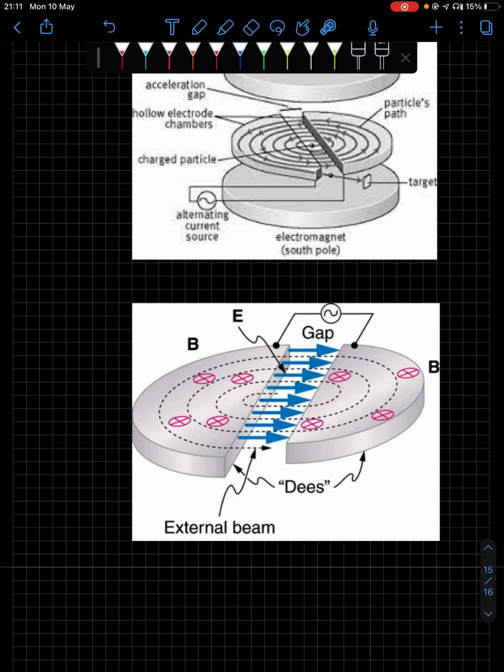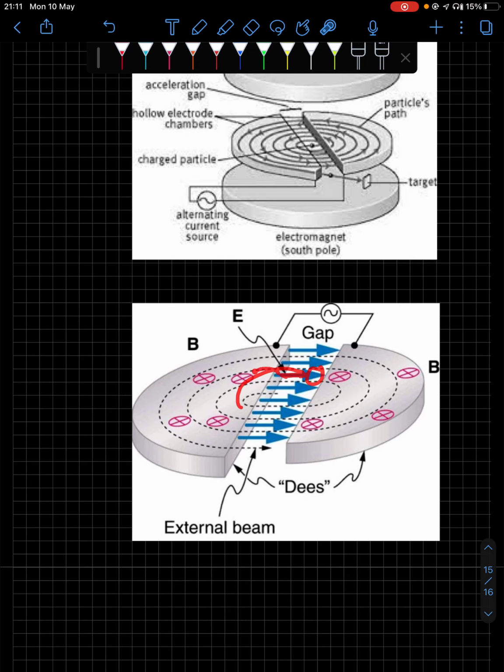Now the polarity of the applied electric field is reversed in such a manner that when the charged particle just leaves this D, then this D will become positive and this will become negative. As a result, the positive charge will be accelerated in this gap region.